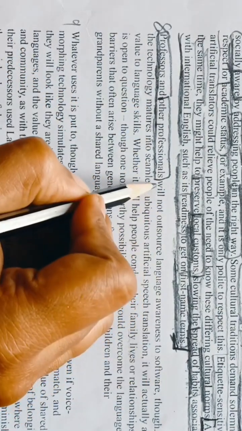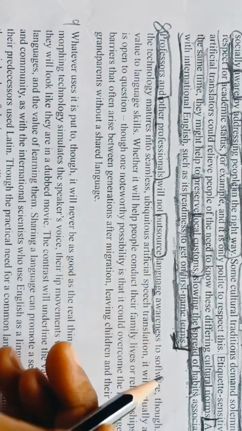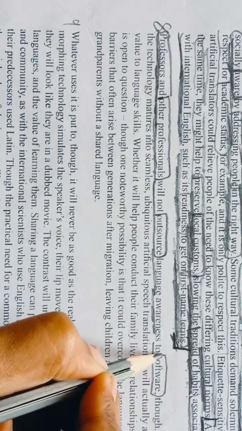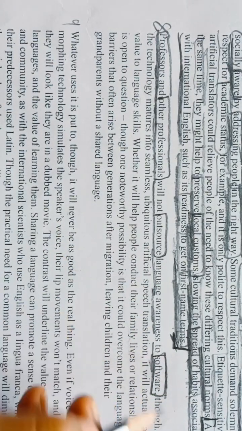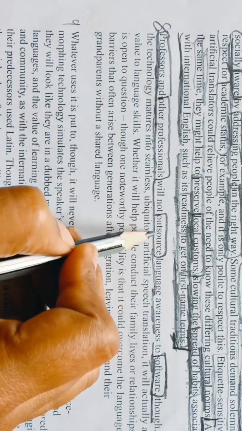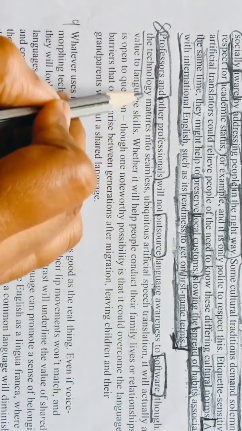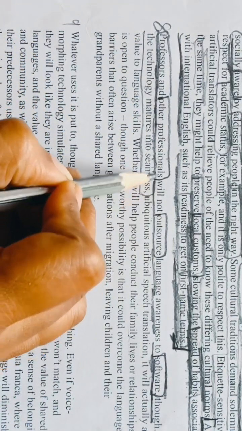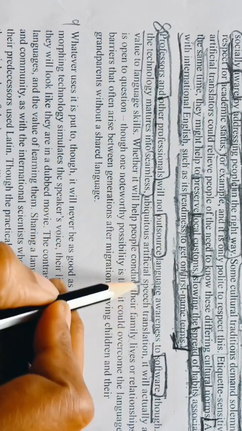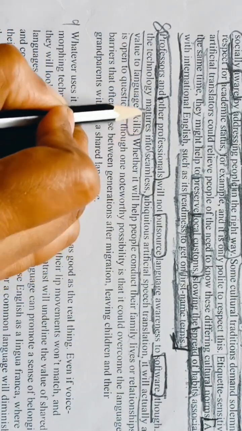Professors and other professionals will not outsource language awareness to software. This is also our keyword, software. Though if the technology matures into seamless, ubiquitous artificial speech translation, it will actually add value to language skills.